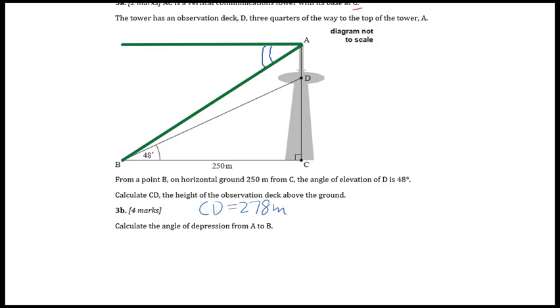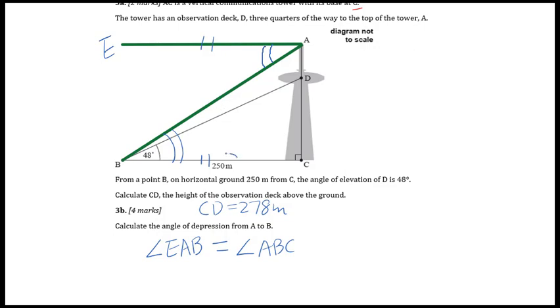We are looking for this, let me label, this is E. So angle EAB is the depression angle. This angle will be equal to angle ABC because these two lines are parallel lines, and these two angles are equal because they are alternate interior angles.